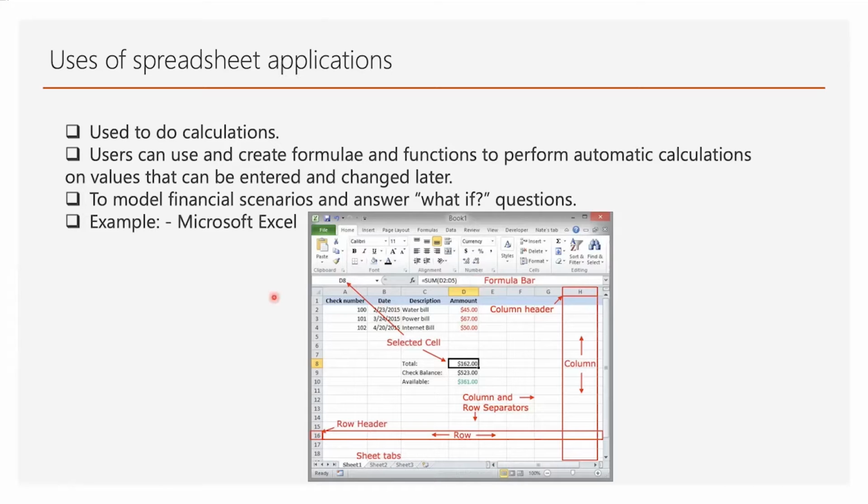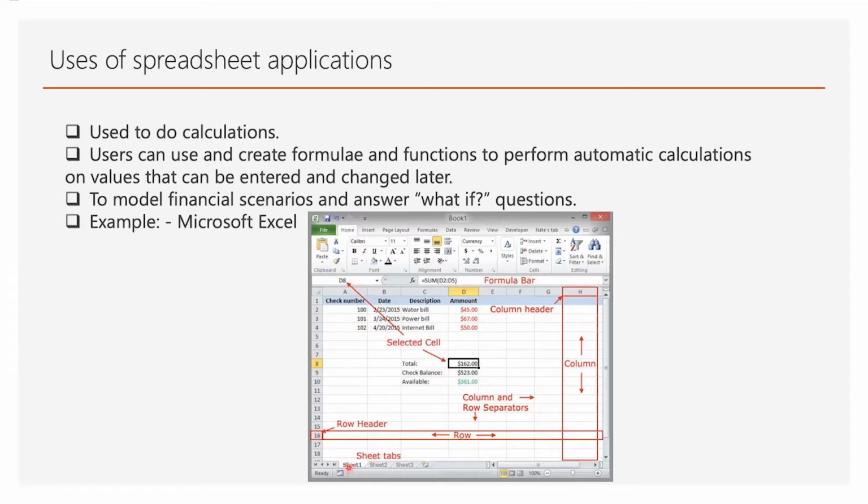And here you have the cells. The tiny boxes are the cells. This is the column, the vertical thing. The horizontal one is the row.